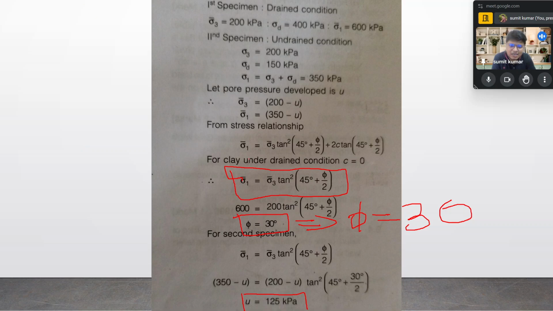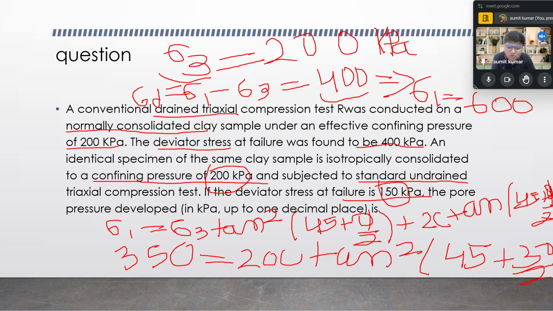You can see over here as well. First of all, we apply our famous relation, which we used to recite many times, and by considering the value of c as 0, we are able to find the value of phi as 30 degree. Afterwards, we apply the same relation for the effective condition, because for the second case 200 for the undrained test is given, so 200 plus 150 equal to 350 is the sigma 1, and sigma 3 bar is 200.